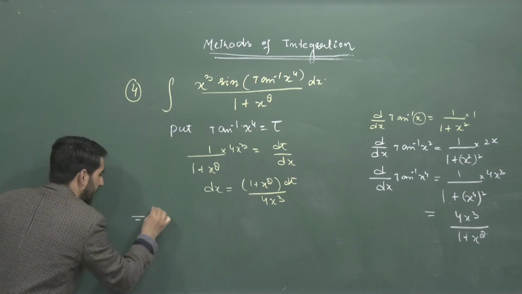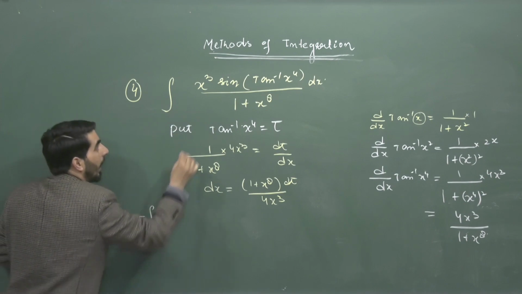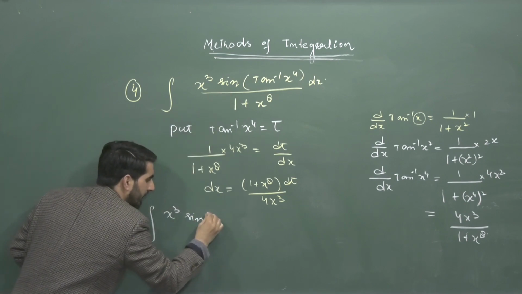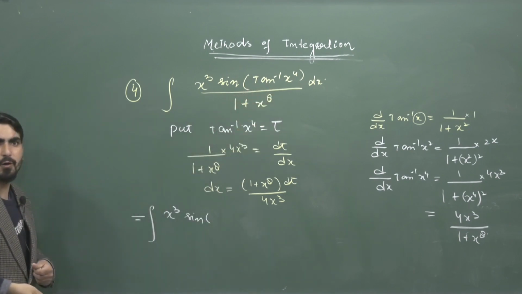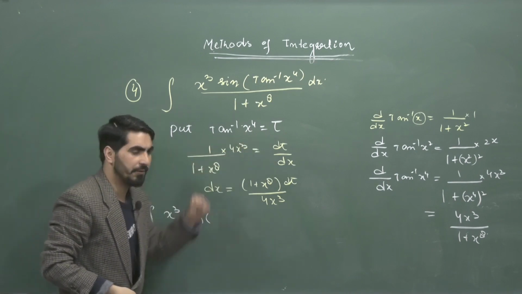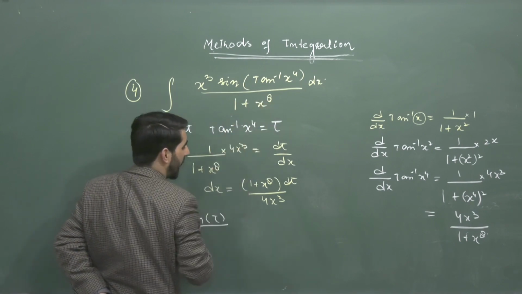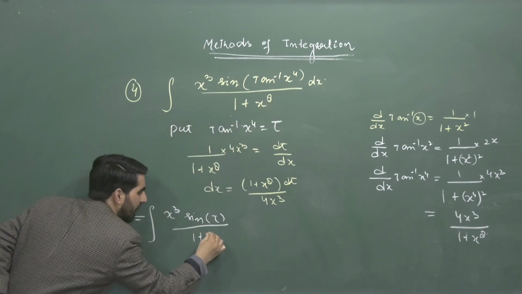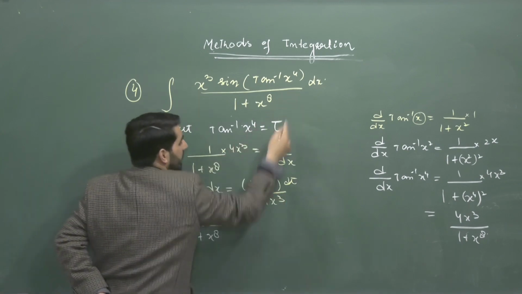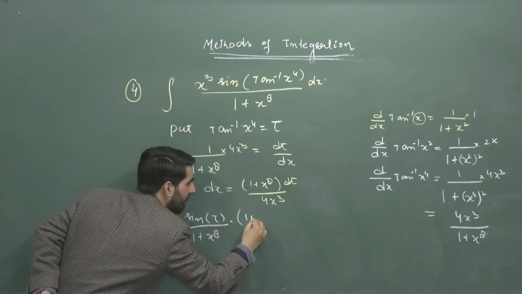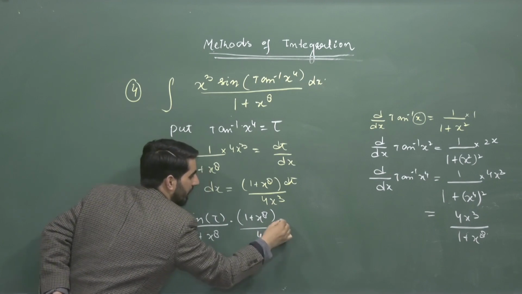So, integration will be integral of x cube, and sin here, and here is the tan inverse of x raised to power 4. Instead of tan inverse of x raised to power 4 here, I will write t, divided by 1 plus x raised to power 8, into dx, and the value of dx will be 1 plus x raised to power 8 divided by 4x cube into dt.